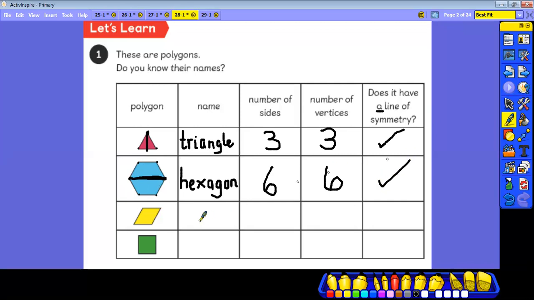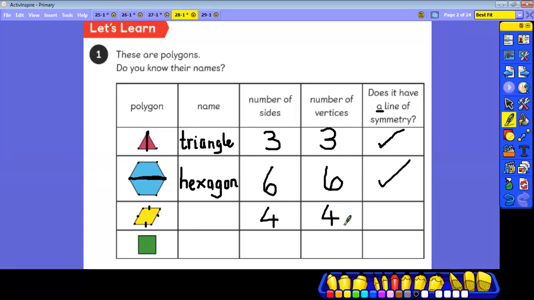So there we go. Now this shape, children, is an interesting shape, isn't it? You can see it's got 1, 2, 3, 4 sides, and it's got 1, 2, 3, 4 corners, and we've learned already, haven't we, that 4-sided shapes with straight sides and 4 corners can be known as quadrilaterals.